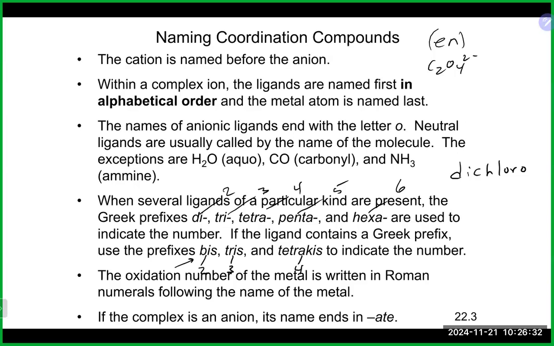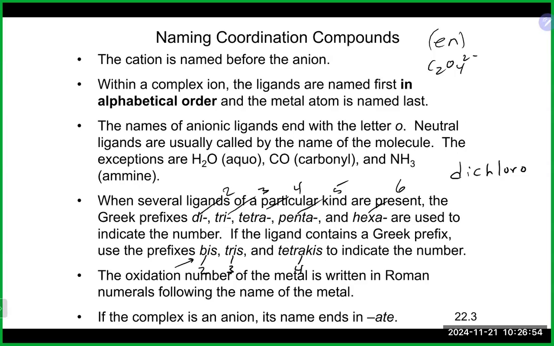The oxidation number of the metal is written in Roman numerals, and it always comes as the last part of the complex ion name.